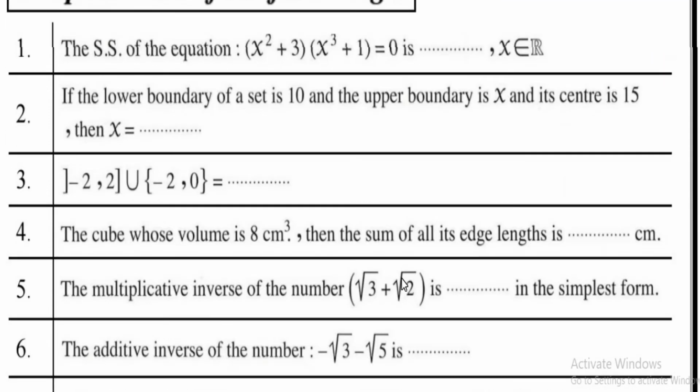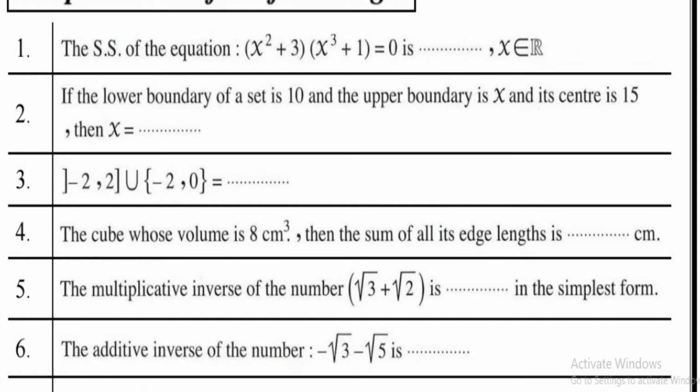Complete each of the following. The solution set of x square plus 3 multiplied by x power 3 plus 1 equals 0, where x belongs to R. When I have bracket times bracket, or more than 2 brackets, equal 0, we take each one and set it equal to zero. So x power 2 plus 3 equals 0. This is refused, since anything to the power 2 plus a number cannot equal 0.